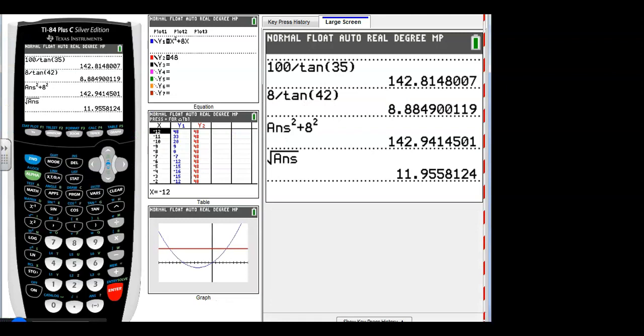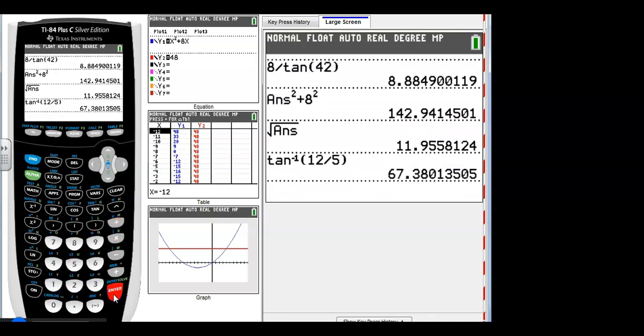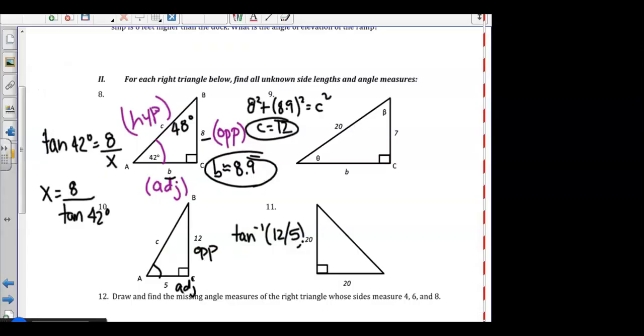And recall on your calculator, you would have to do second tangent 12 divided by 5 in order to find that reference angle for A. And it looks like it's approximately 67.4 degrees. So angle A is approximately 67.4 degrees.